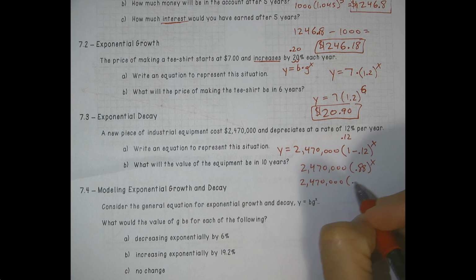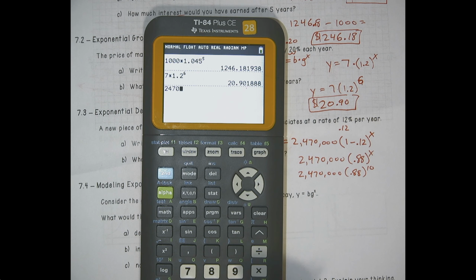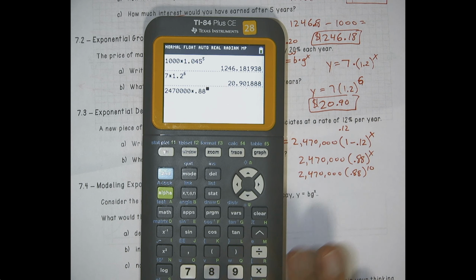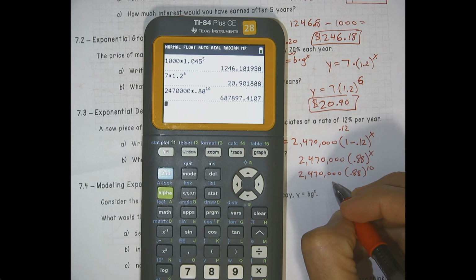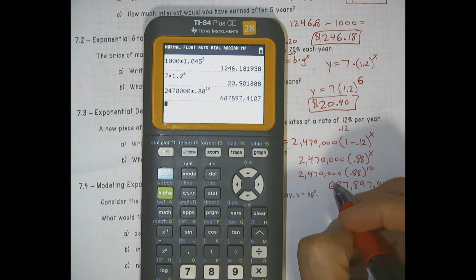So 10 years. So every year it goes down 12% for 10 years. And we are left with $687,897.41.